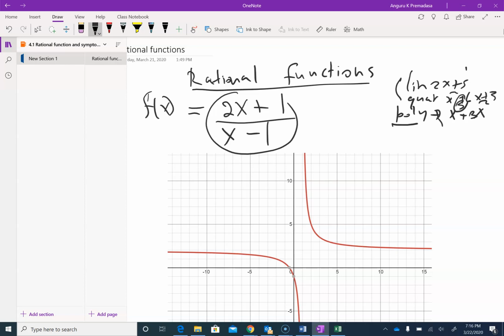But if you notice, there is no x in the denominator, no polynomial in the denominator. Here, you have a polynomial in the top and a polynomial in the bottom. Such a function is called a rational function.